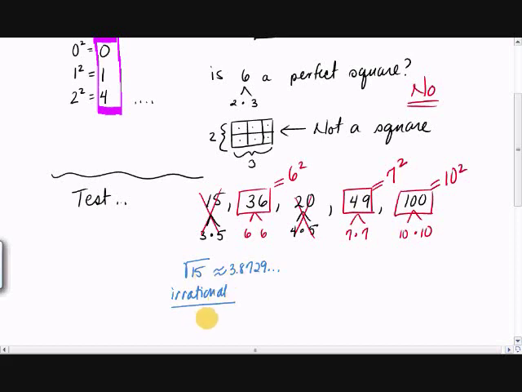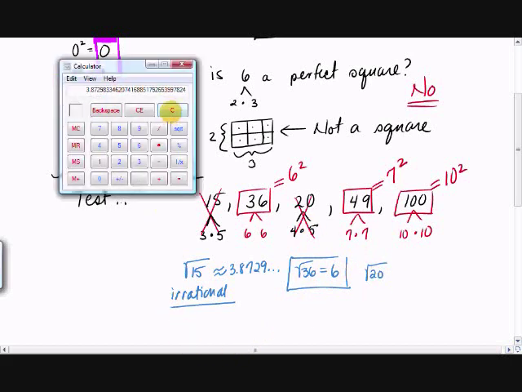So it's irrational. However, if you take the square root of 36, the square root of 36 gives you 6. Therefore, this is a perfect square because when you square root it, you get a nice integer number. When you take the square root of 20, you don't get a nice integer. So let's try that. Square root of 20 is 4.472. Ugh, that's also irrational. My decimal never ends, never repeats, never terminates.